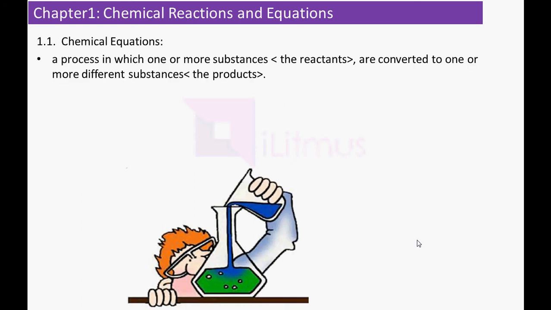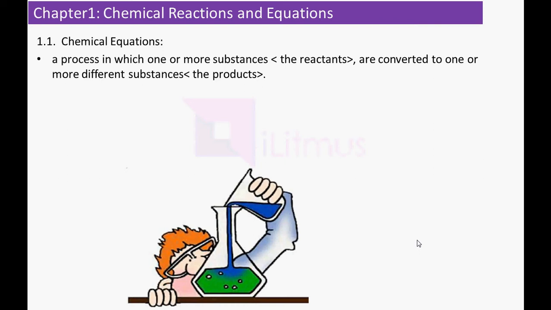So a process in which one or more substances, which we call reactants, are converted to one or more different substances, which we call products, is a chemical reaction. So left side, what will be present, that will be your reactants.